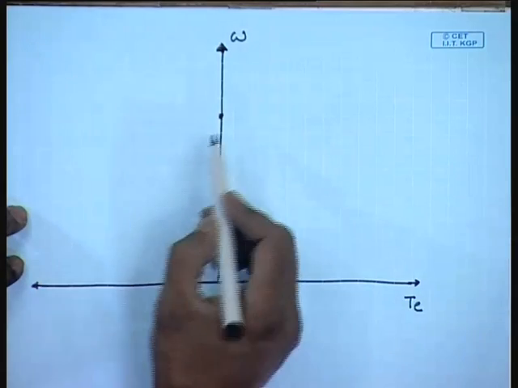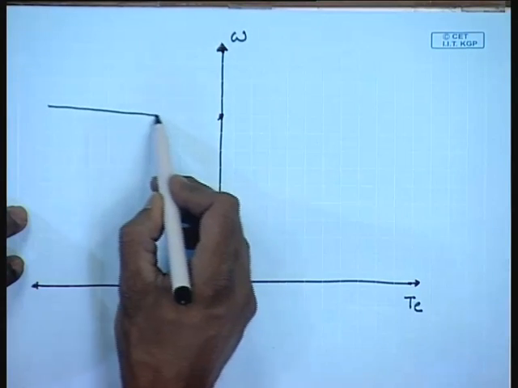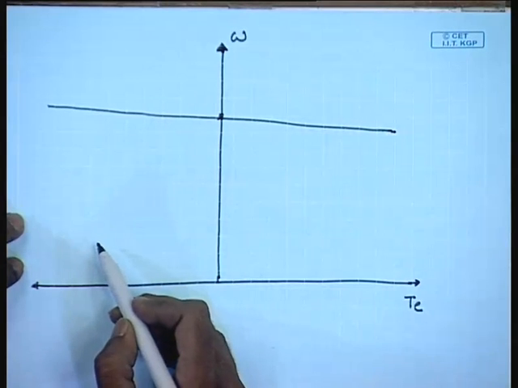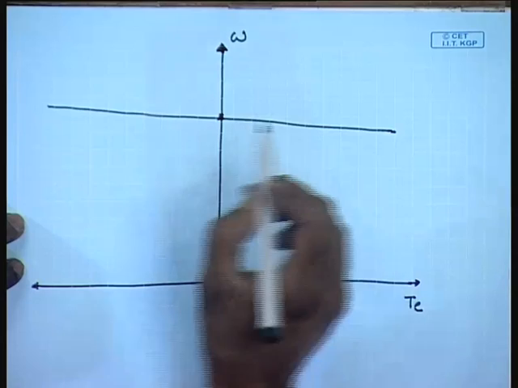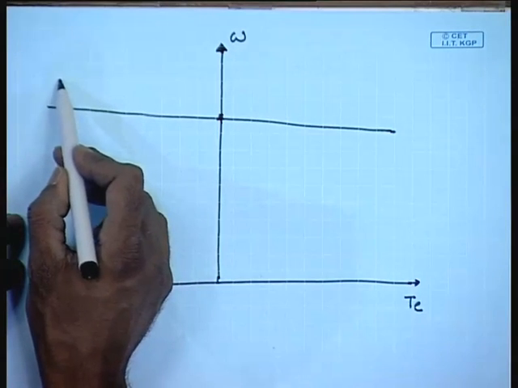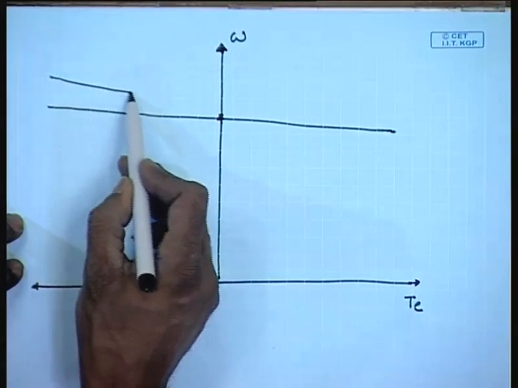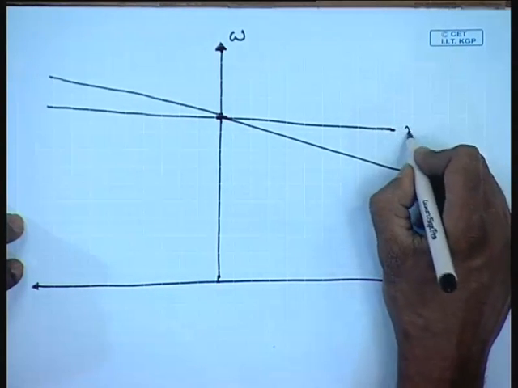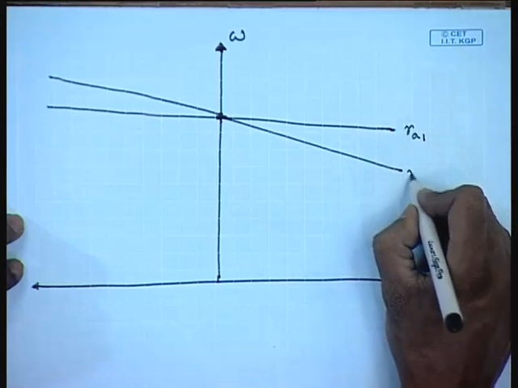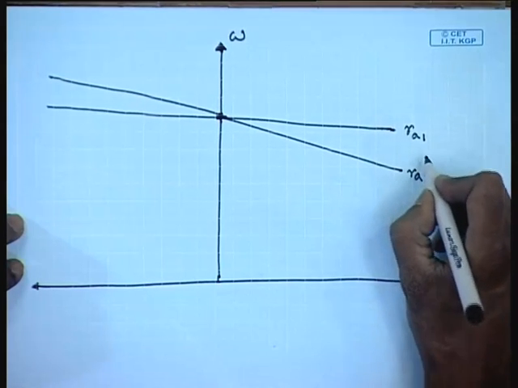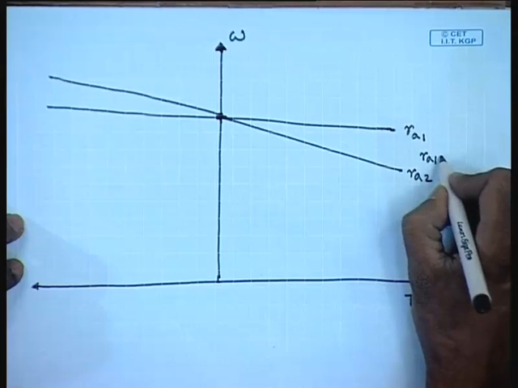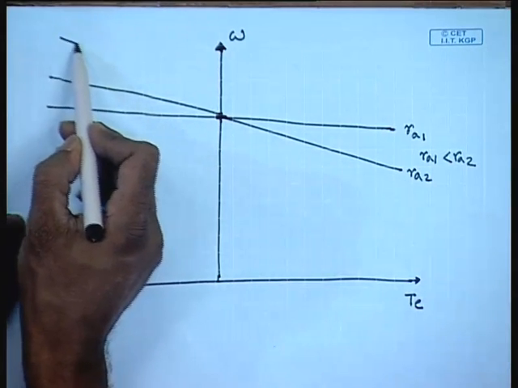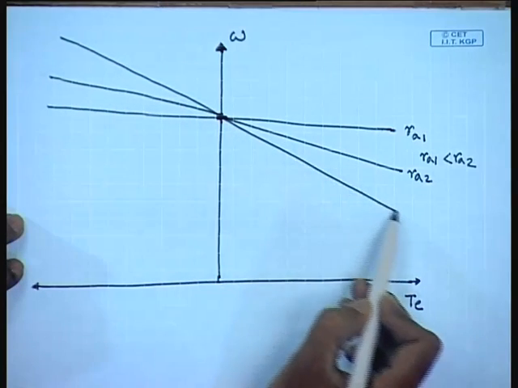Let us say at any terminal voltage, this is the torque speed characteristics. Simplest thing, keeping everything else same, if additional resistance is included in the armature winding, this is RA1, this is RA2, RA1 is less than RA2. So, the slope of the torque speed characteristics can be changed.